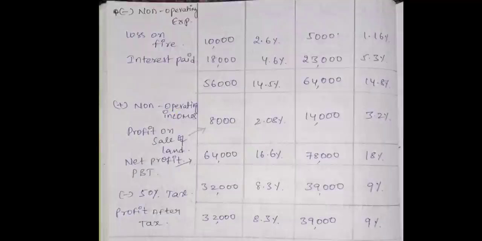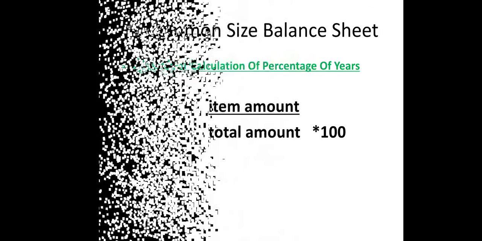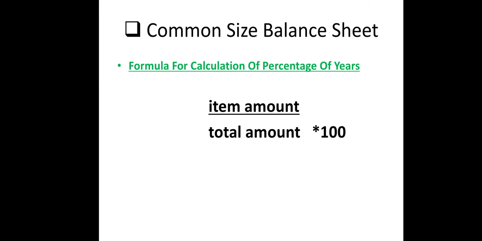So we go for the common size balance sheet. The formula for calculation of percentage is item amount divided by total amount into 100. If you take a liability, there is share capital, which is one kind of item amount.